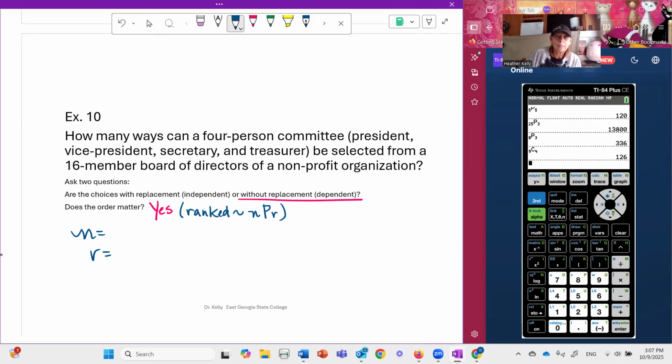How many ways can a 4-person committee be selected? So that means that this is R from a 16-member board. So N is 16, R is 4, and we're going to get 16P4. And let's run that. 16.